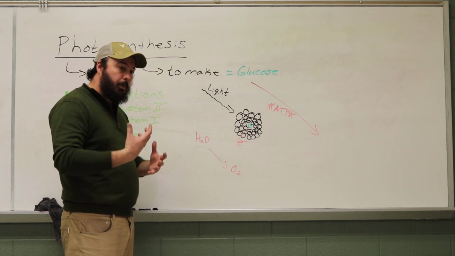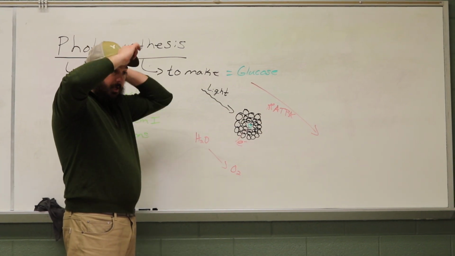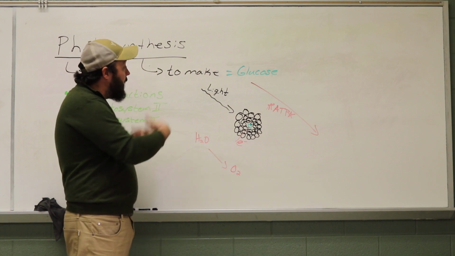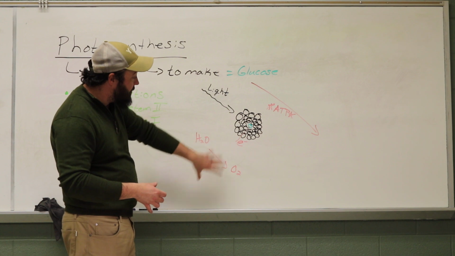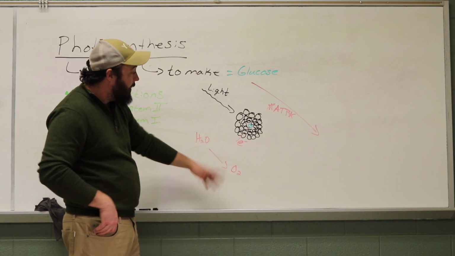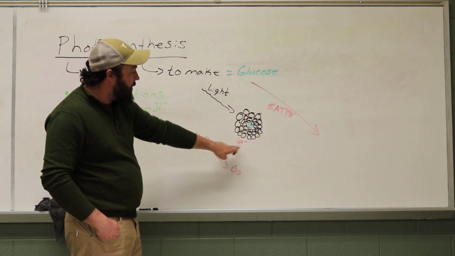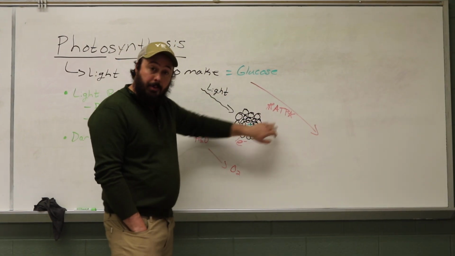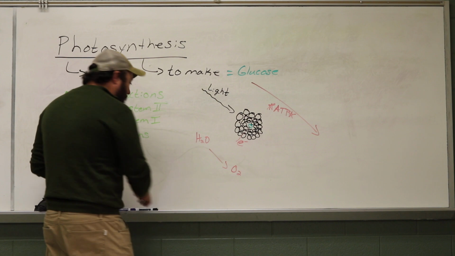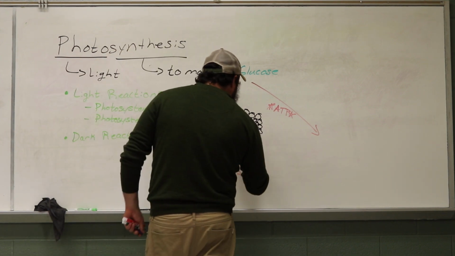So we as animals have evolved to use essentially the trash of plants in many ways. That's sort of how oxygen is formed. And the supercharging of the electrons gives it lots and lots of energy, and we're able to create ATP. What we've described here is photosystem 2.